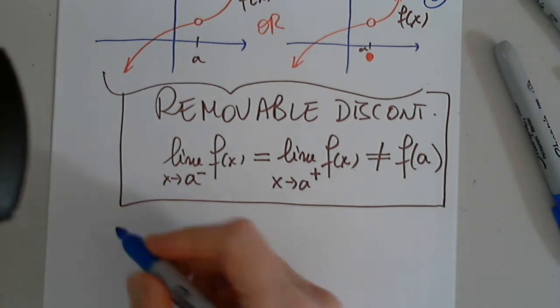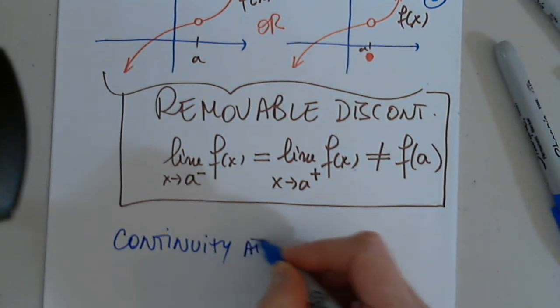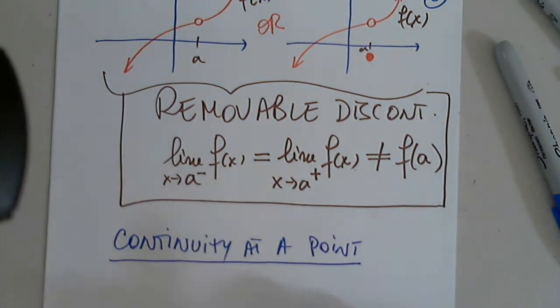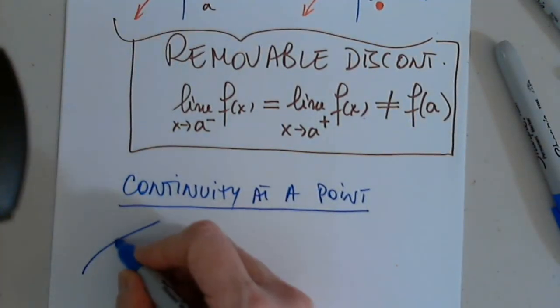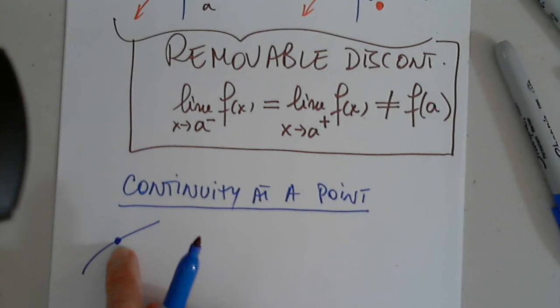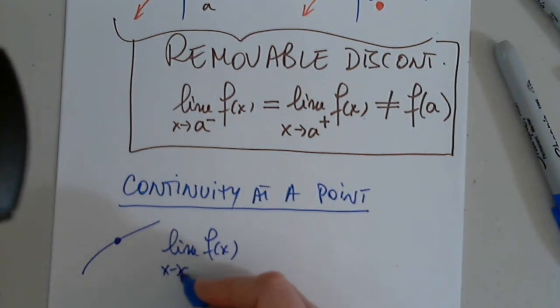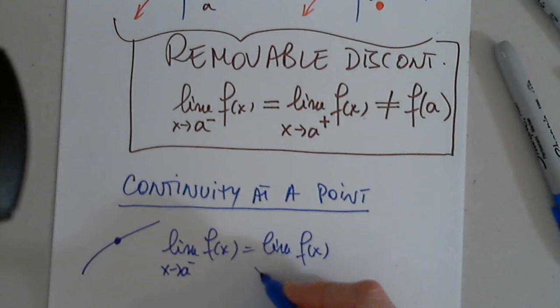Okay, continuity at a point. Very important definition. So how do I say that the function is continuous at that point? I will say that the limit of f of x as x approaches a from the left equals the limit of f of x as x approaches a from the right, and it must equal what?